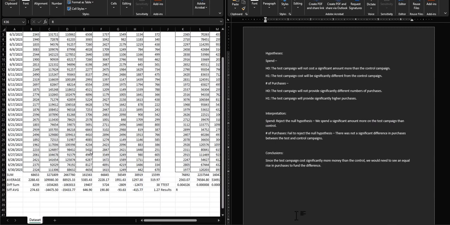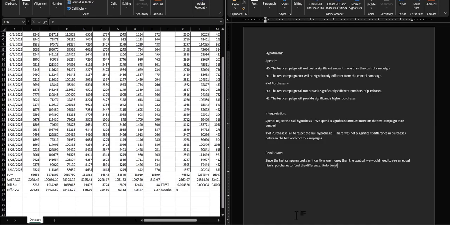All right, so I've made a propositioning conclusion. Since this is true, there is a significant difference in the money, and we're spending more money on this test campaign, we would need to offset it with revenue, right? Number of purchases. So we start thinking about the number of purchases.